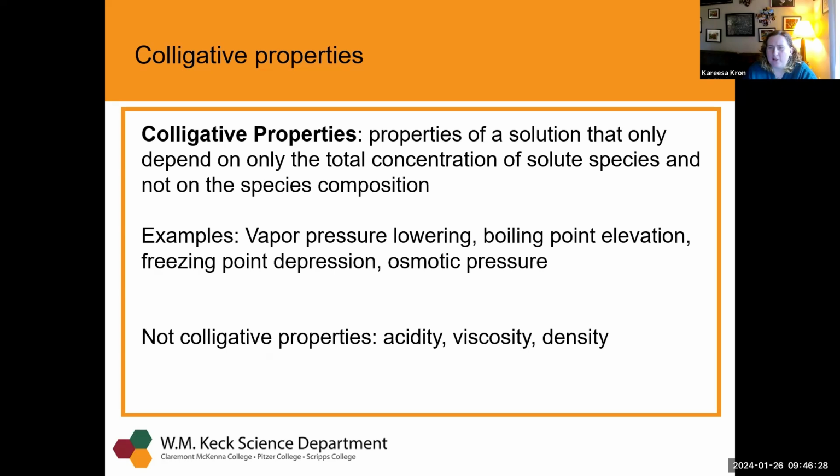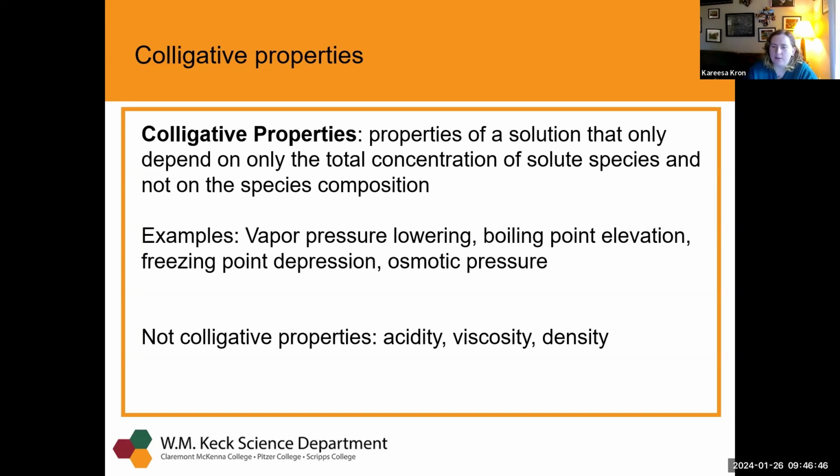Colligative properties are the properties of a solution that only depend on the total concentration of solute species and not on the species composition. For example, a property that isn't a colligative property is acidity.